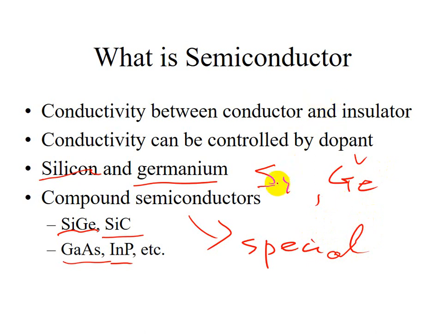Silicon and germanium basically provide you the substrate, so you can build the semiconductor device on top of the substrate. All the properties come from the design. But for the compound semiconductor, normally the properties come from the electronic configuration itself.